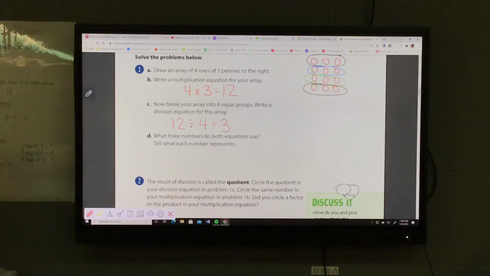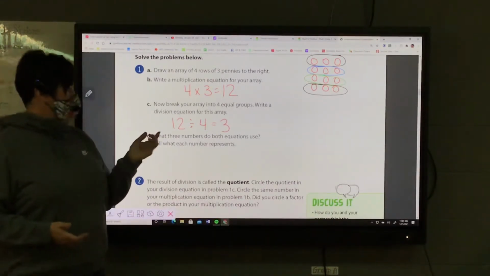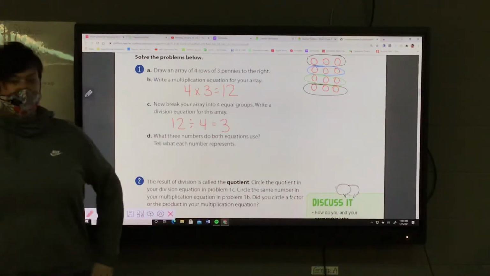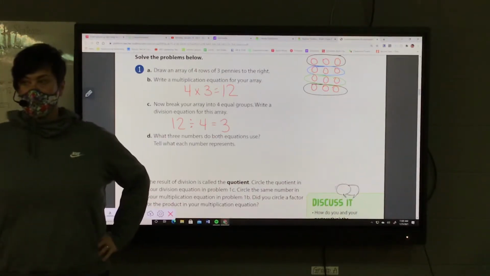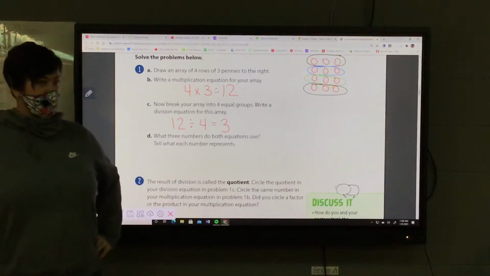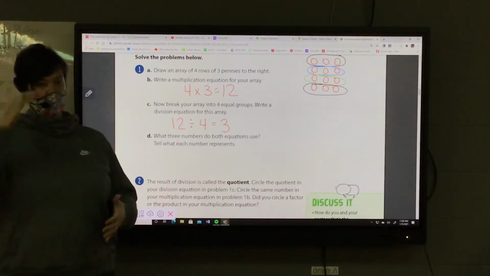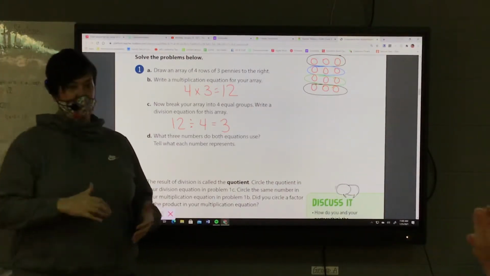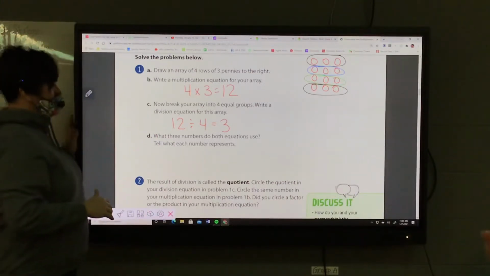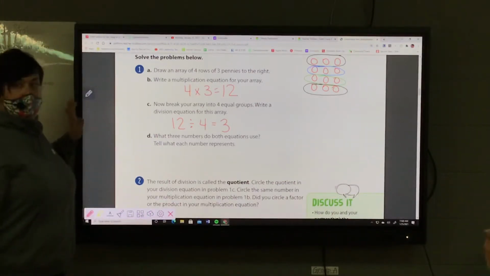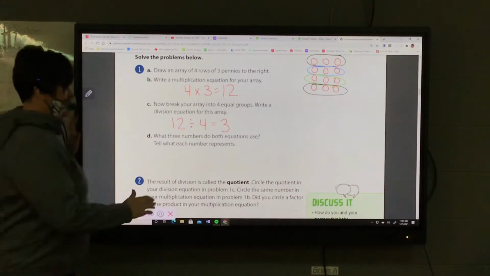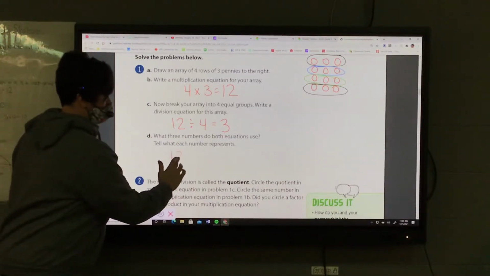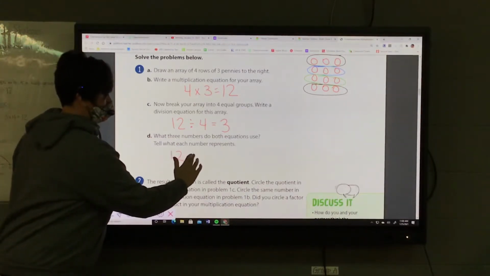So what 3 numbers do both equations use? What 3 numbers do they both use, multiplication and division? Amy? 12, 4, and 3.